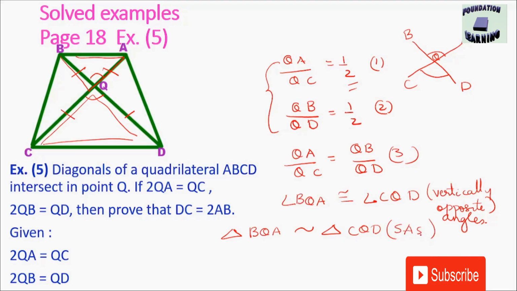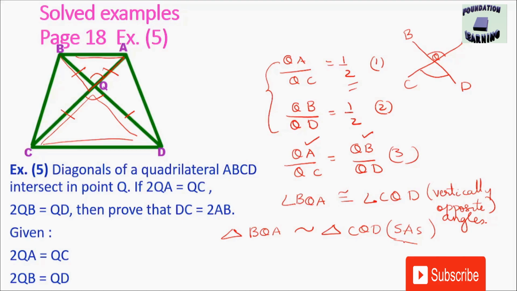Because two sides are in proportion, QA is to QC is equal to QB is to QD, and in between those two sides you have a congruent angle. We have learned that if two corresponding sides are in proportion and the included angles are congruent, the triangles are similar by the SAS test of similarity.